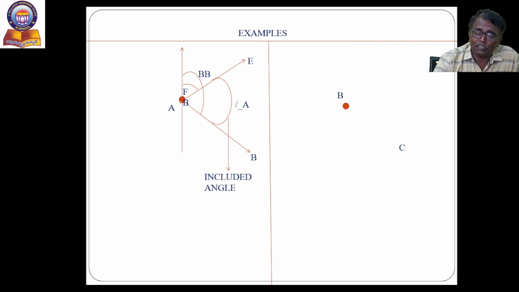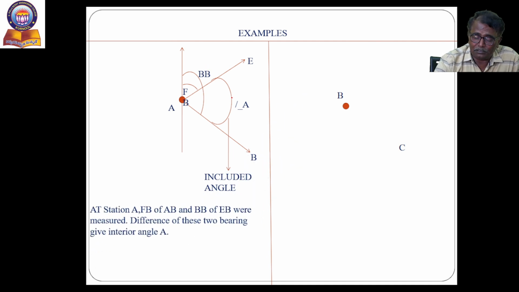We have taken two bearings. One is the back bearing of AE, and another one is the fore bearing of AB.